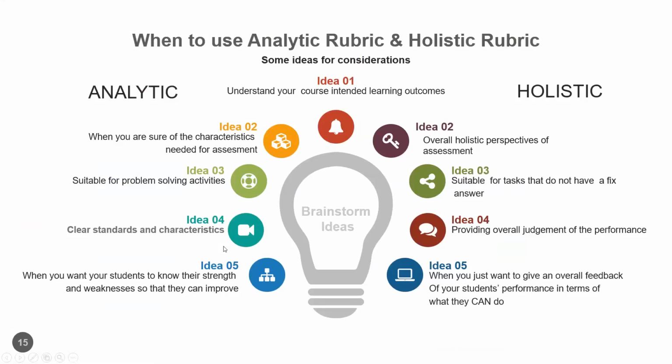If it's a very generic kind of thing, there are no specific characteristics that you're looking for, and you're just giving them an overall perspective of their performance, then holistic will be a good way of providing them the feedback. Because remember, holistic only focuses on what they can do.